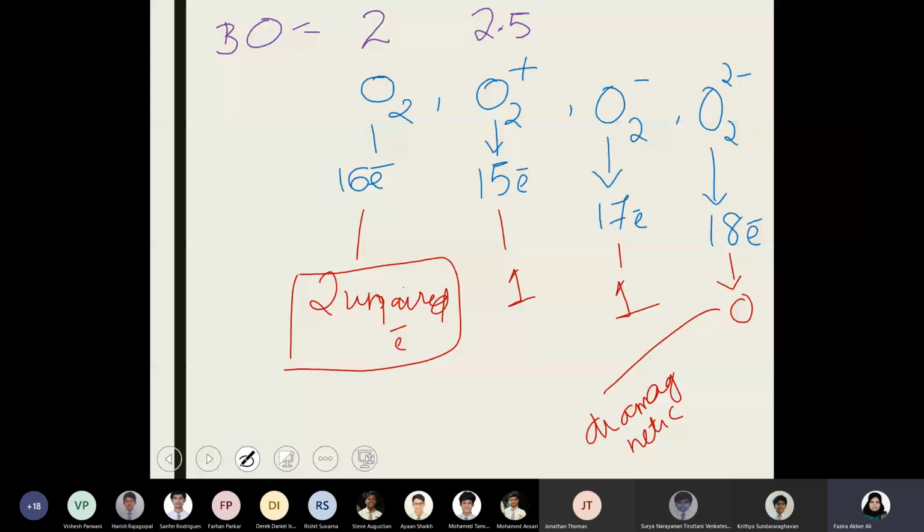O2 minus, what will be the bond order? 1.5. O2 2 minus. So as per the stability, O2 plus is supposed to be greater, more stable, because its bond order is 2.5.